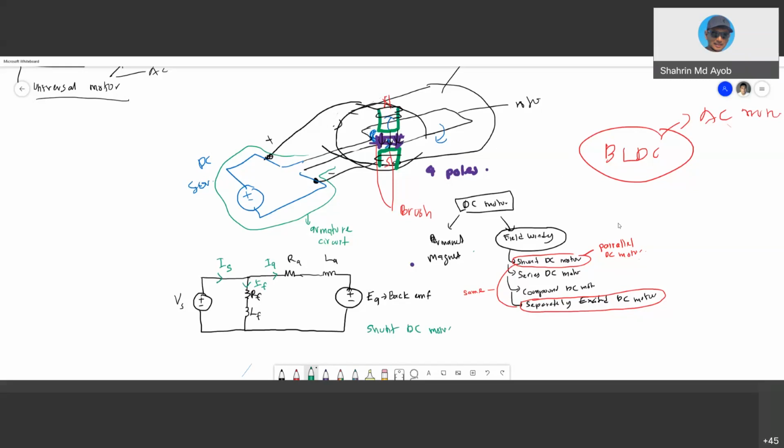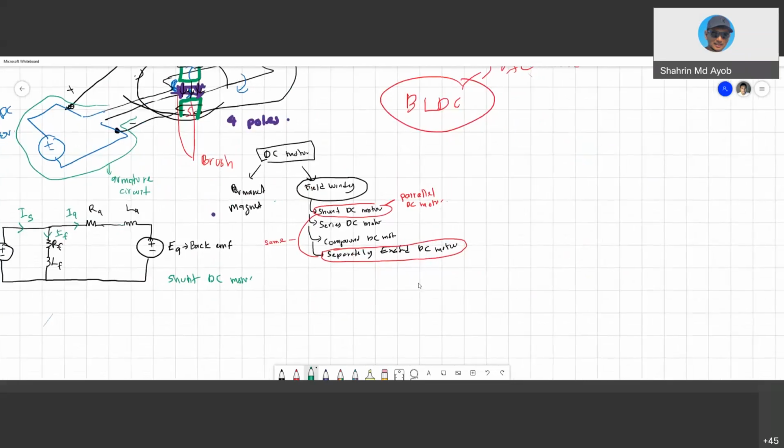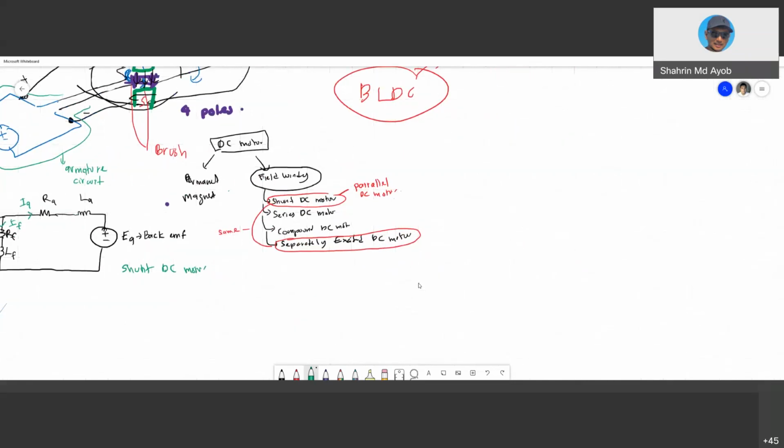For a separately excited DC motor, the armature circuit has RA and then LA, and then we have the back EMF, which is EA, and then we have here VA, V armature. So this current is IA.